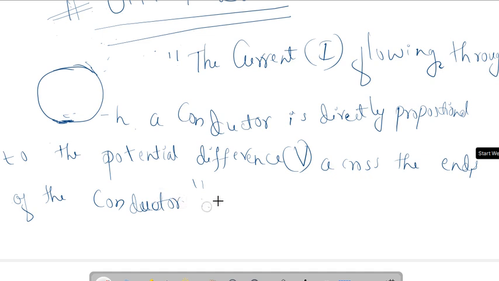That is, I is directly proportional to V. This is equation number 1 according to Ohm's law.